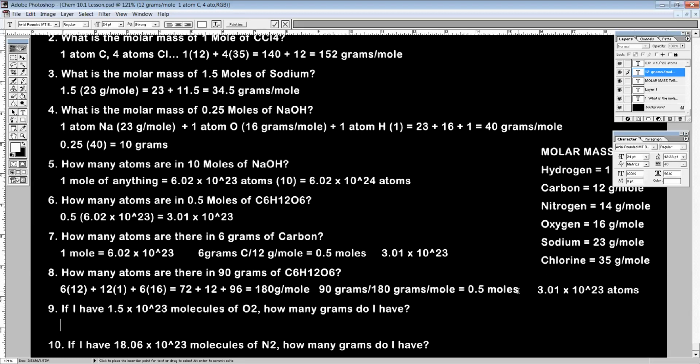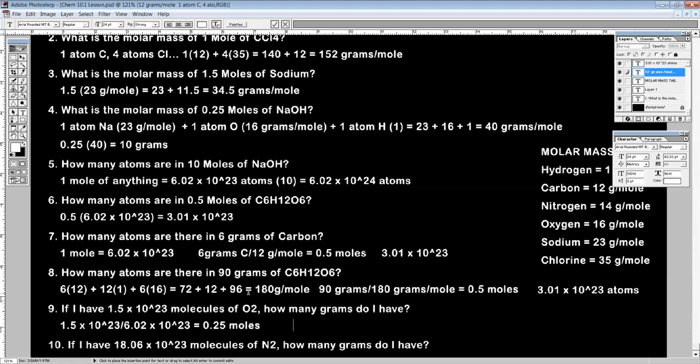And so real quickly, let's just figure out how many moles we have. 1.5 times 10 to the 23rd divided by 6.02 times 10 to the 23rd. And so that gives us 0.25 moles.